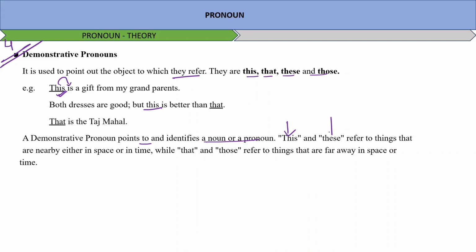For anything near to you, you will always use this or these, and for anything far away in space or time, you will always use that or those. This is how we'll be using demonstrative pronouns.